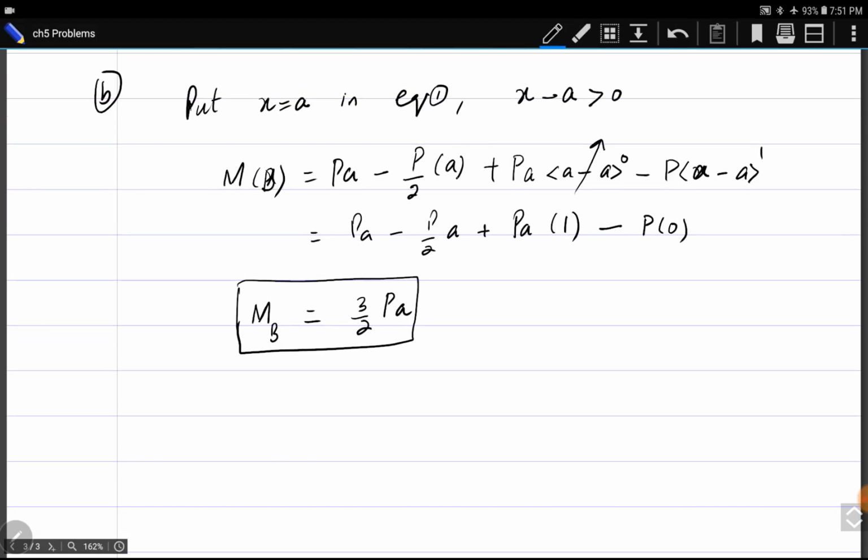Just remember that x minus a is slightly greater than 0. It is a positive number, almost equal to 0. If we take power 0 of this number, it will be equal to 1. If we take power 1 of this number, it is almost equal to 0. So we will keep it 0.